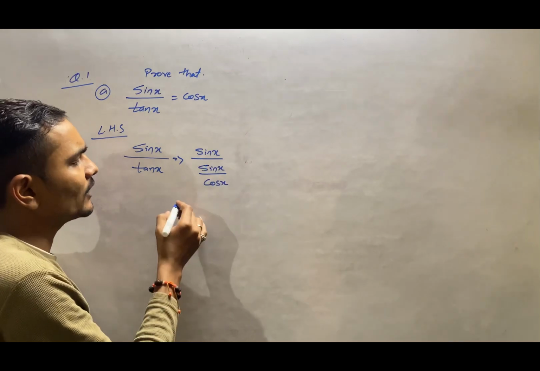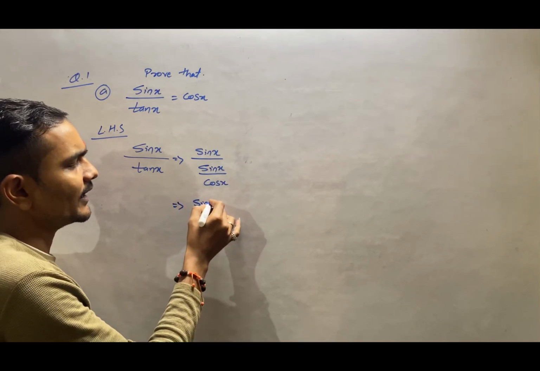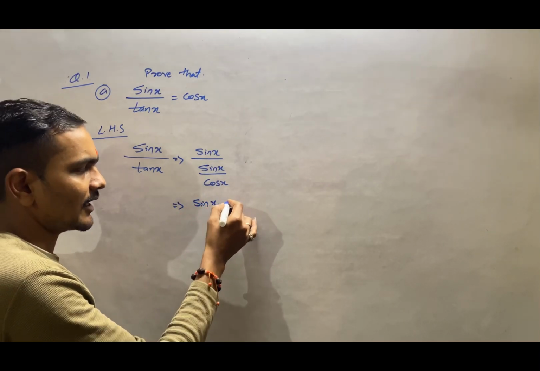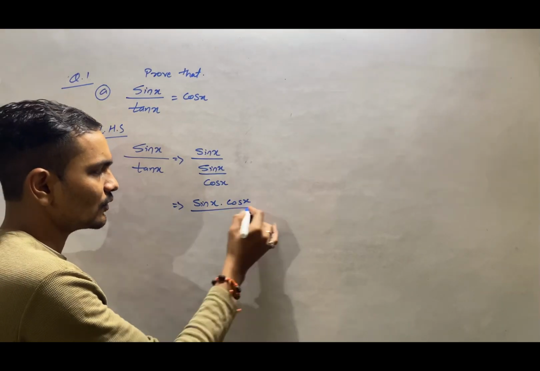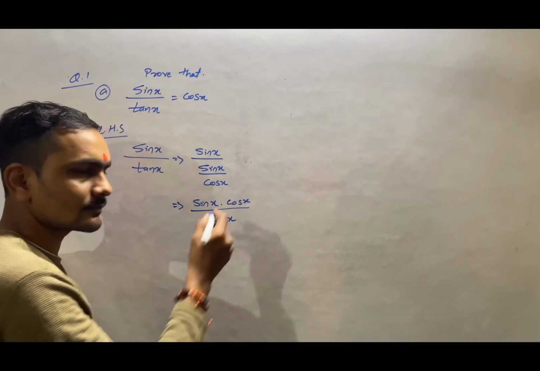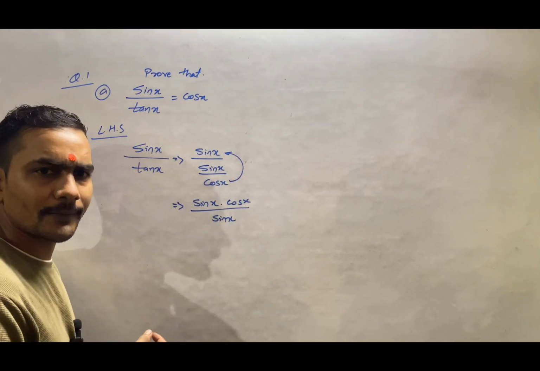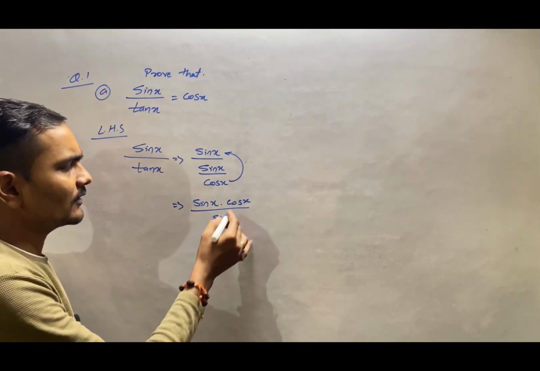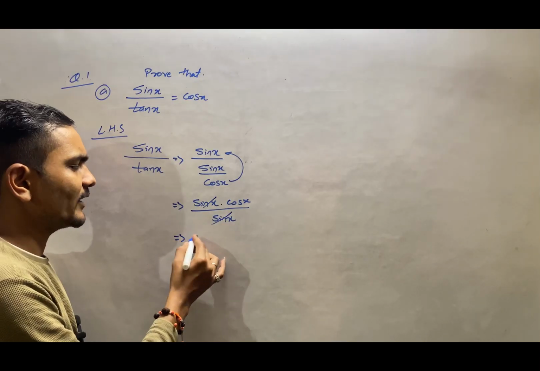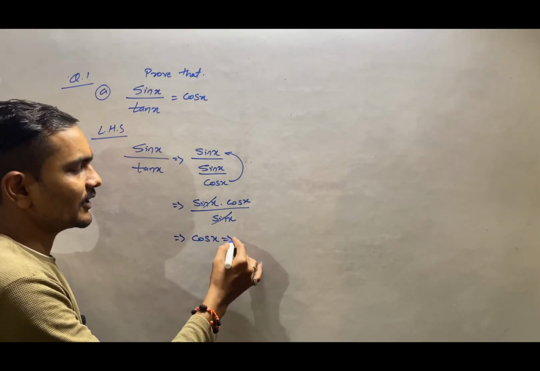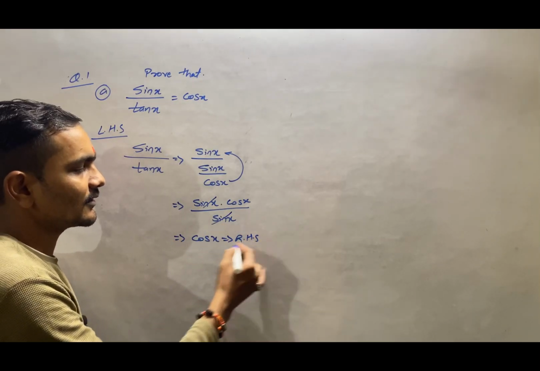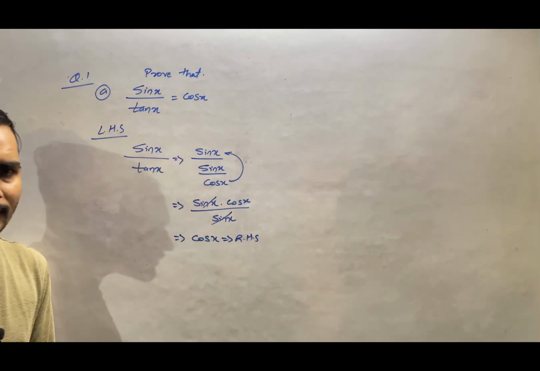If we take the reciprocal of this part, we can say sin x times cos x over sin x. This cos was in the numerator. Sin cancels, so we are left with cos x. This equals RHS and it's proved.